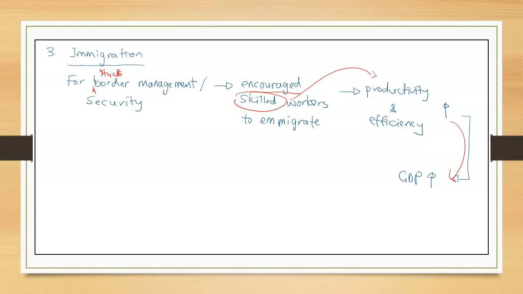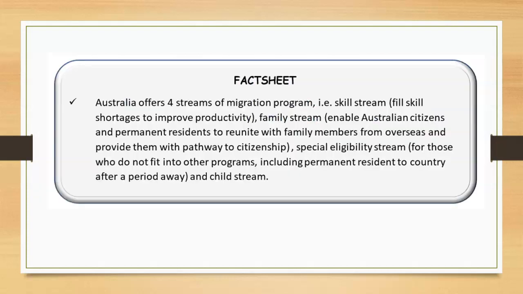We need skilled labor in the beauty line as well. There are so many industries in Australia that need skilled labor to come in. So having a strict border management will bring in more foreign skilled workers.